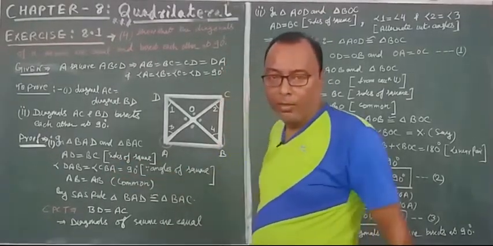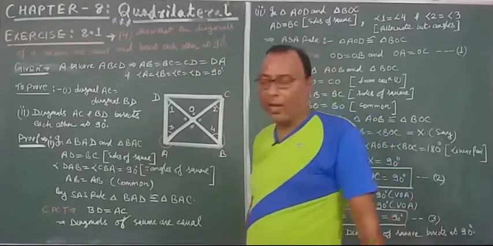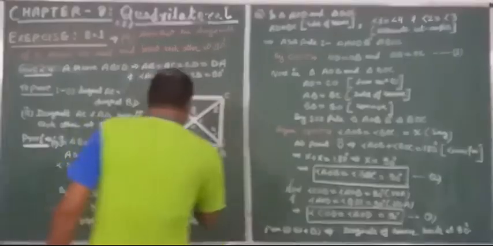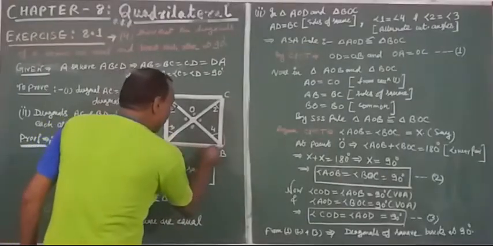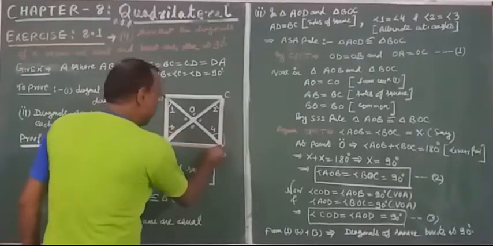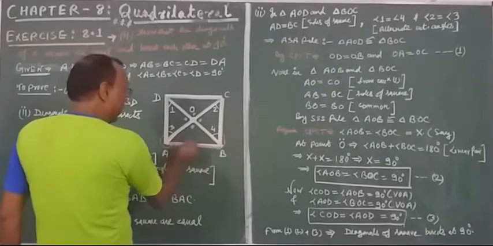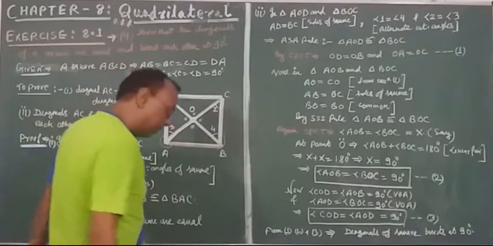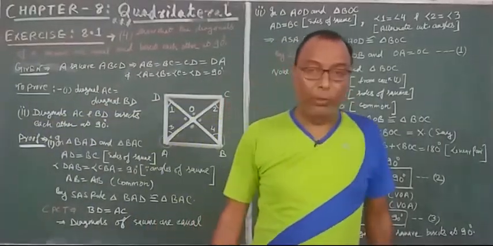Because each angle of a square is 90 degree. And the third one, look at the side AB. This side AB is common in both the triangles.